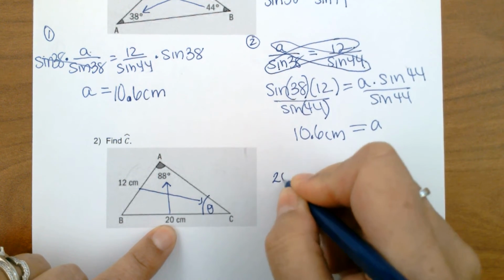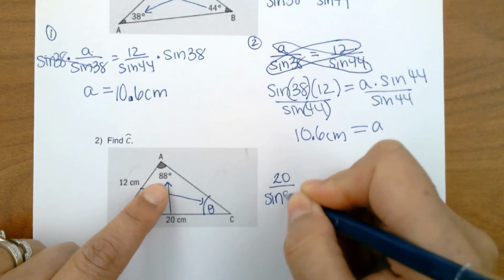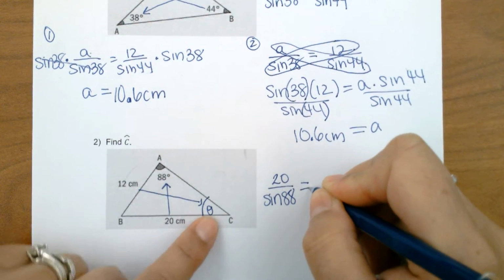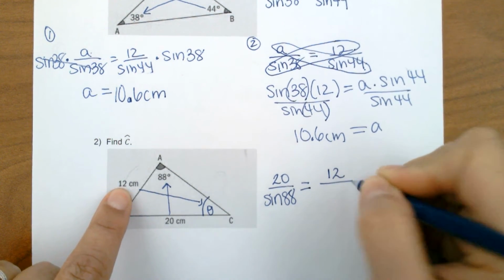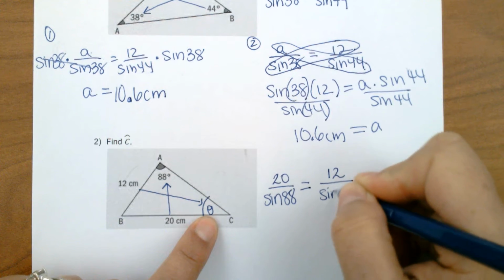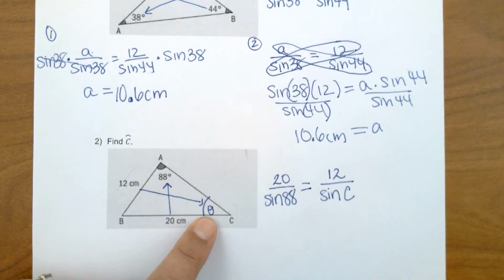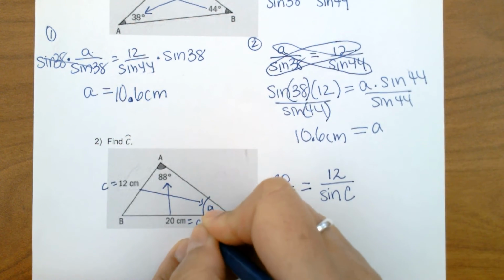I'm going to work with this side first. So we have 20 divided by sine of its opposite angle, 88. Match up, equals. I have side 12, and I'm looking for sine of c. You could write C here, or you could write theta, either one you want. This is small c, and this is small a.